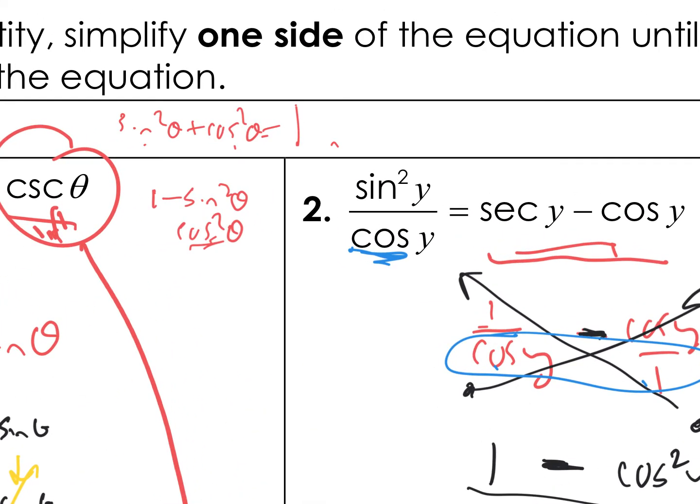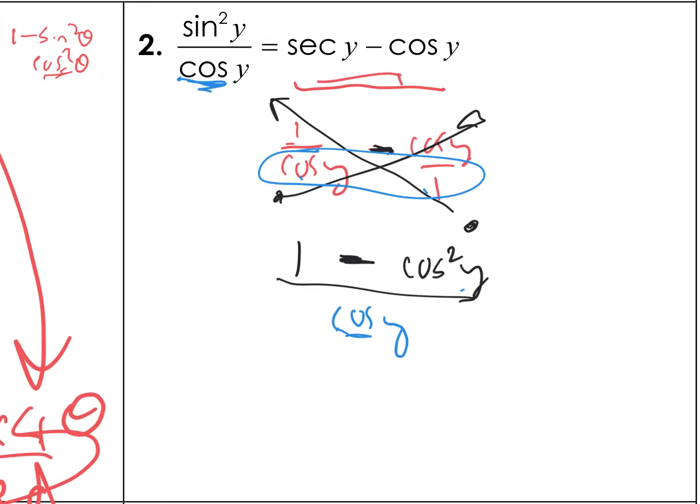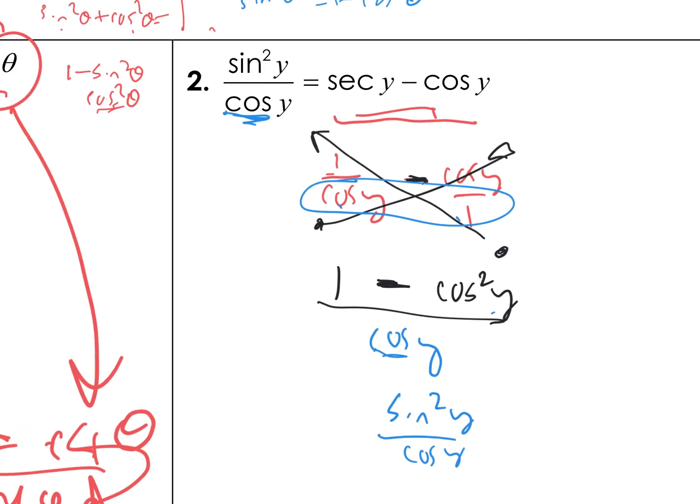Sine squared plus cosine squared is 1. And if I move the cosine squared to the other side, I get sine squared theta equals 1 minus cosine squared theta, which is exactly what I have. So I have sine squared y over cosine of y, which is exactly what I have on the left-hand side.